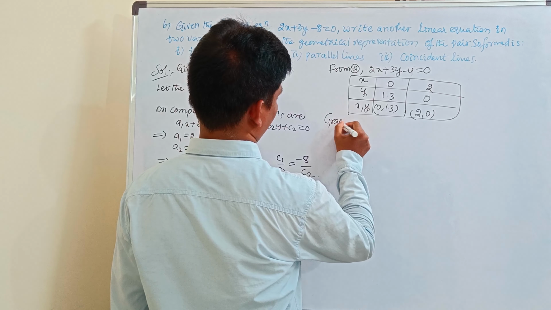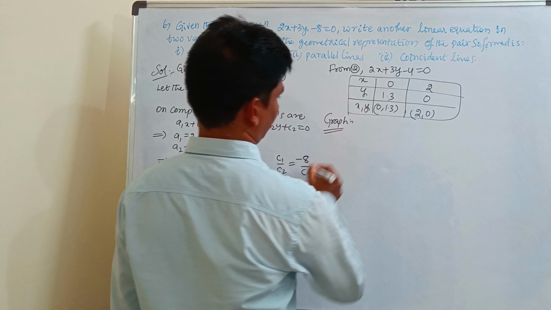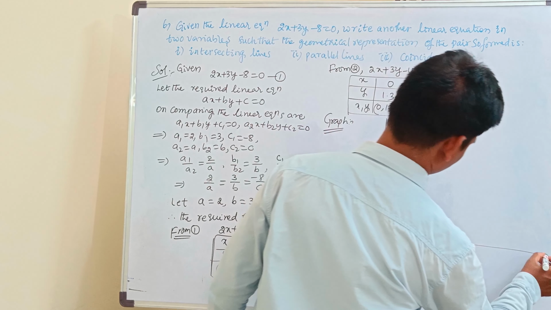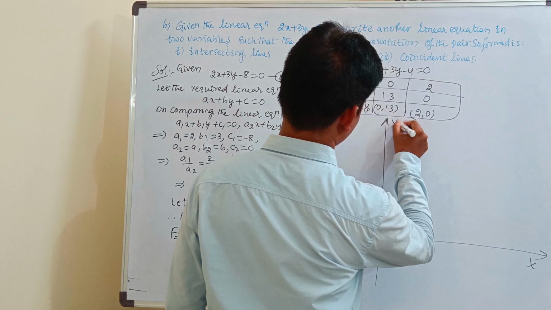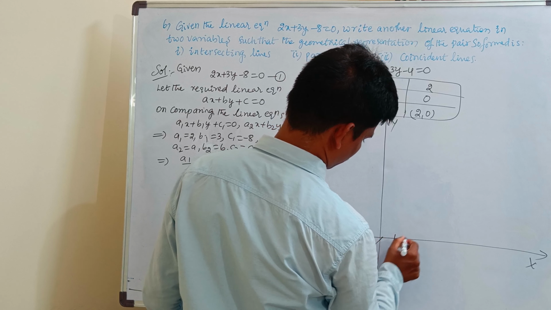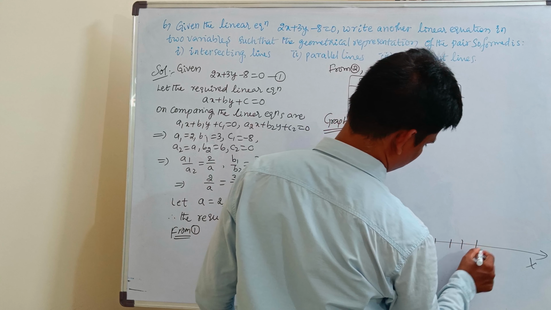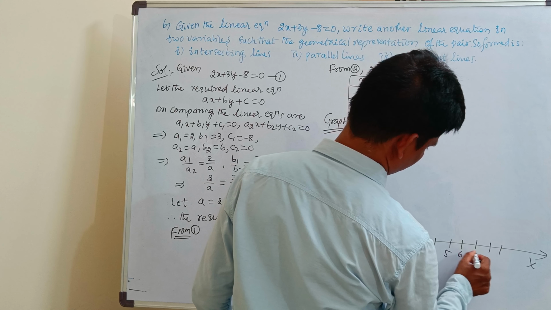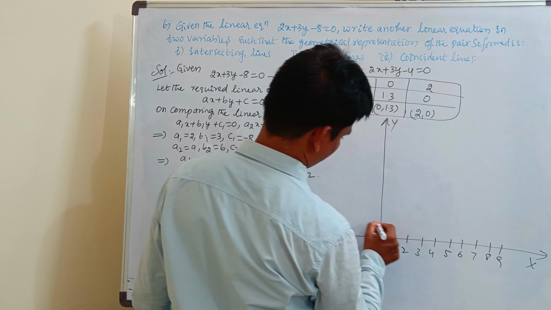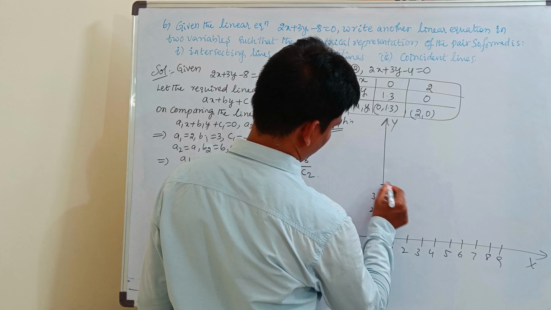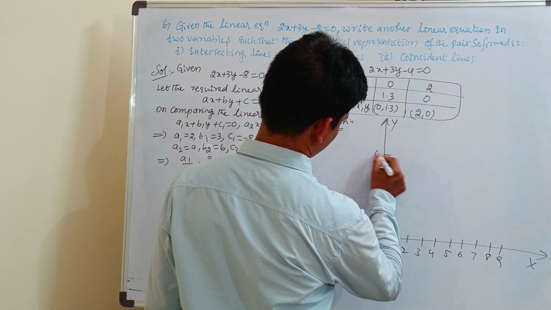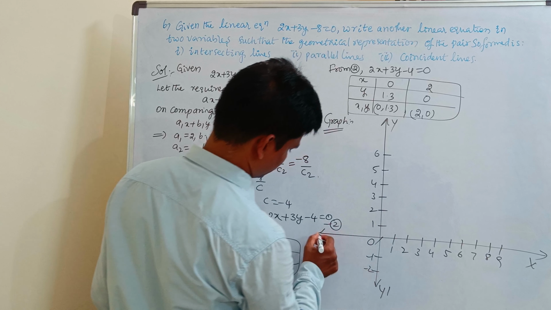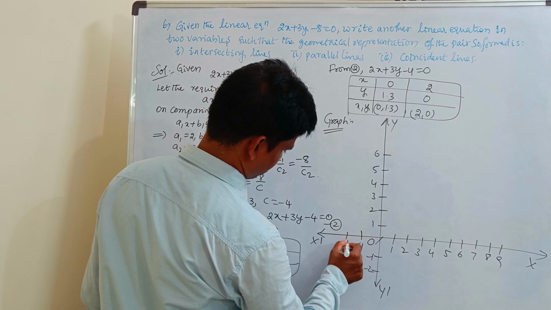So take the graph. Given two lines are parallel lines. Take the x-axis, y-axis, 1, 2, 3, 4, 5, 6, 7, 8, 9, and 1, 2, 3, 4, 5, 6 on the other axes.